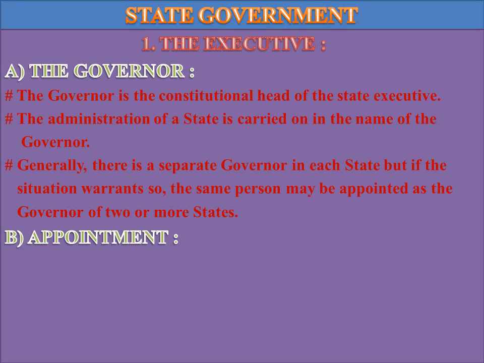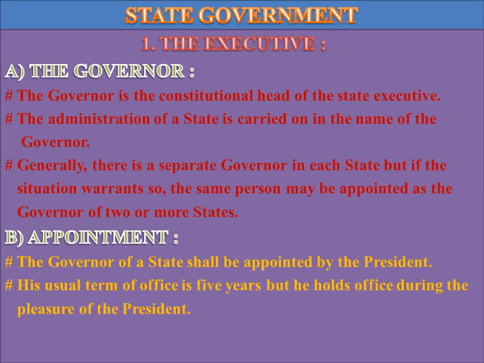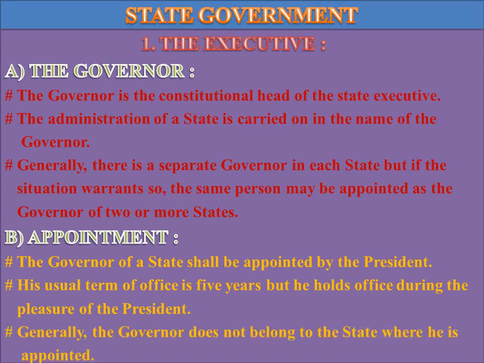Next, appointment of the governors. The governor of a state shall be appointed by the president. His usual term of office is 5 years, but he holds office during the pleasure of the president. Generally, the governor does not belong to the state where he is appointed.